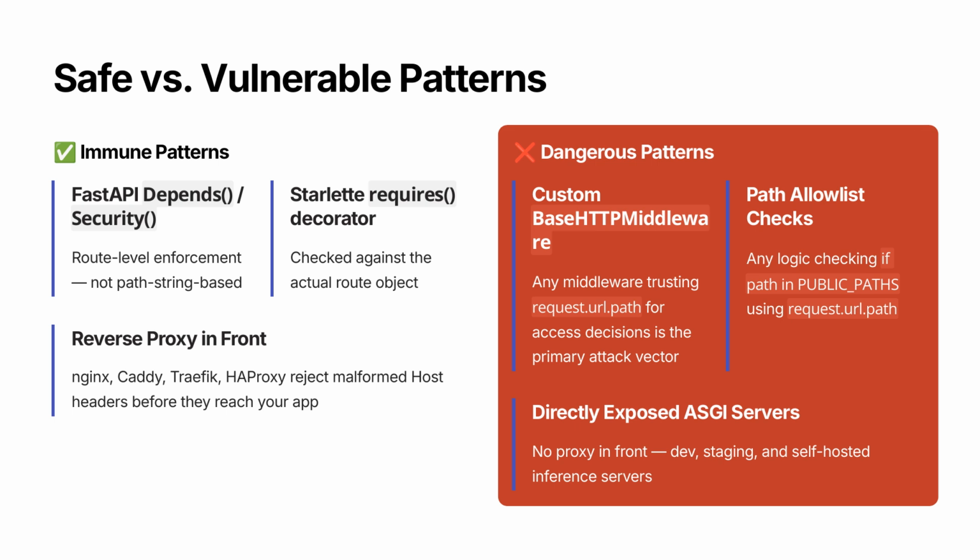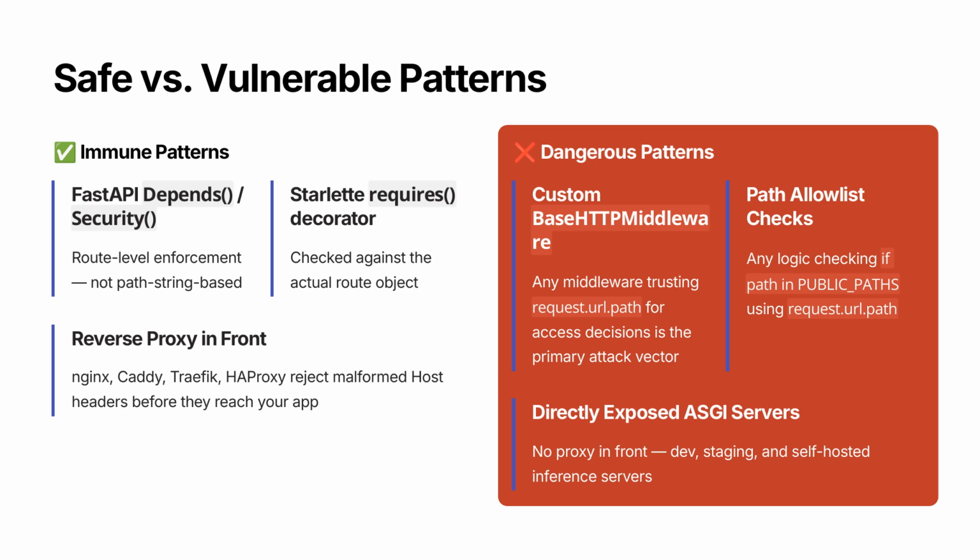Starlette's requires decorator is also a strong pattern for the same reason. It evaluates access against the real route object, which makes it much harder for malformed request data to influence the decision. Another protective pattern is putting a reverse proxy in front of the application.